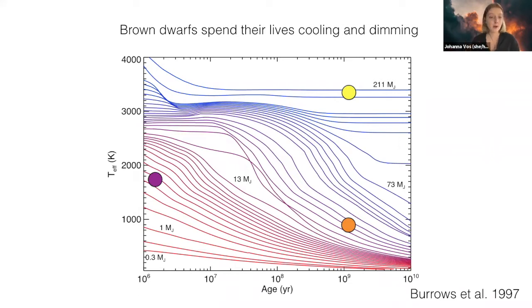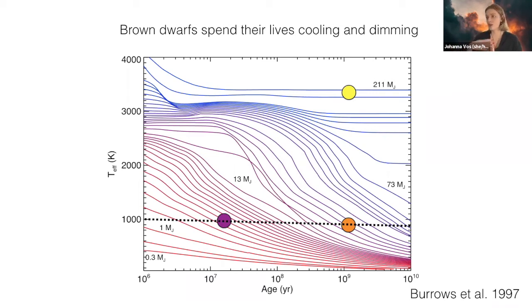So it will continue to cool throughout its life. If you take a lower mass planetary mass object like this purple circle I'm showing here, which has a mass of about 5 Jupiter masses, it will cool down a lot faster. It'll start out cooler and reach a temperature quite quickly. And this actually results in an inherent age-mass degeneracy for brown dwarfs.